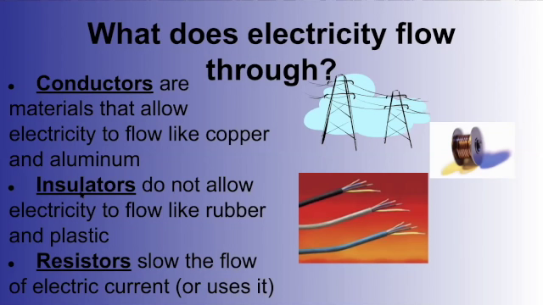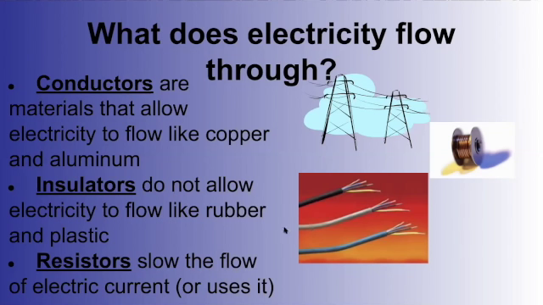Insulators do the opposite. They do not allow electricity to flow, like rubber or plastic. That's why when we have wires, we coat them with rubber or plastic. If you go to any electrical device in your house, you're going to see that they have a plug and they have a long cord going to the device.